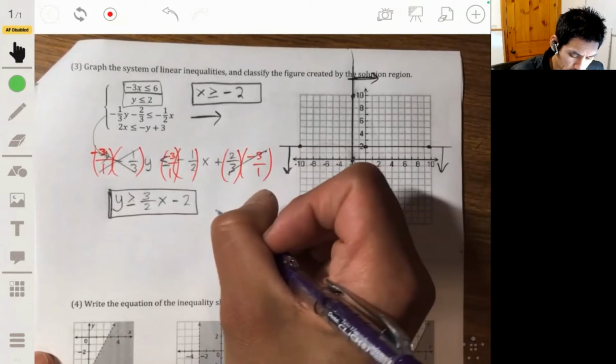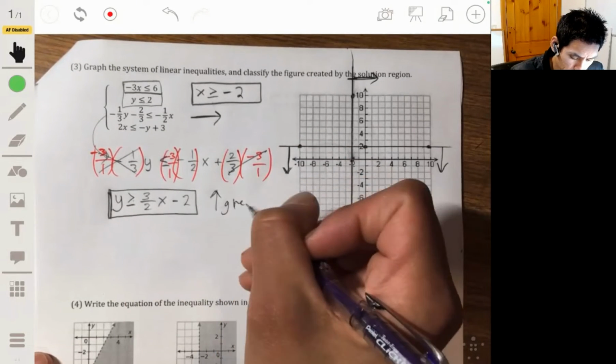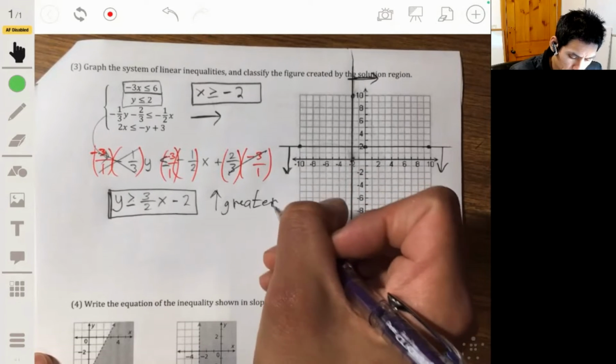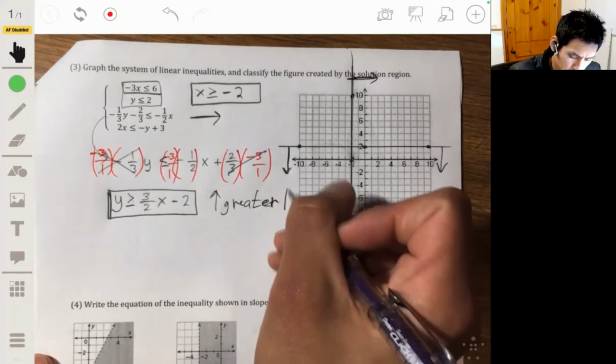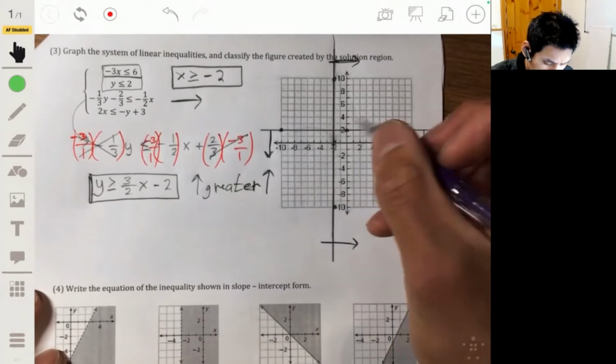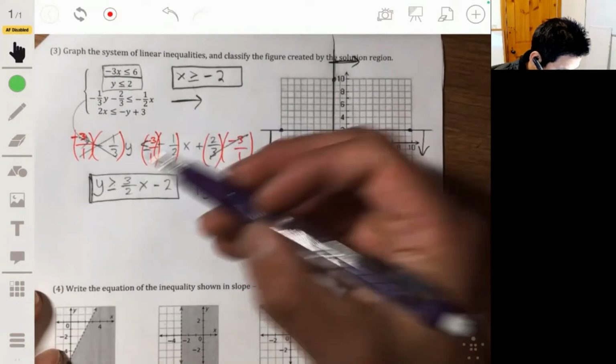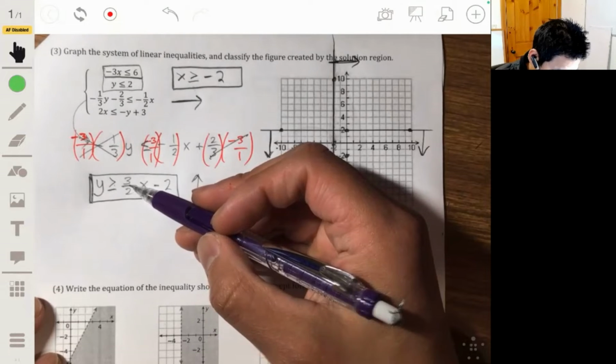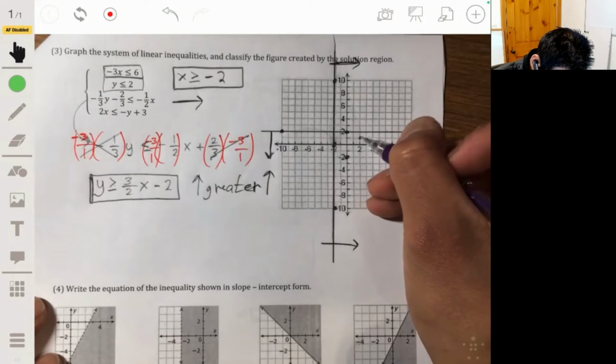We're saying greater than, so arrows upward. Go to -2 on the y-axis. Slope is 3/2. Up 3, to the right 2.